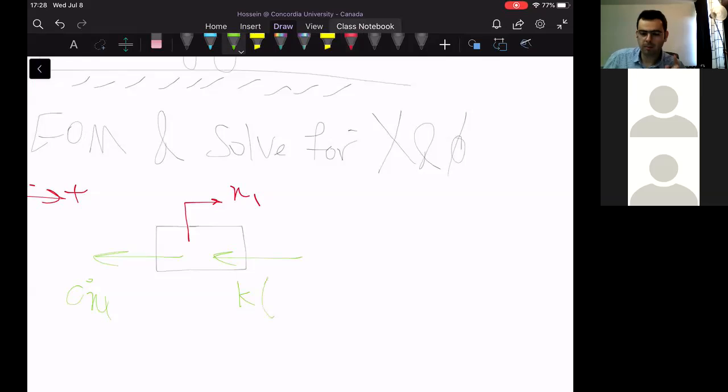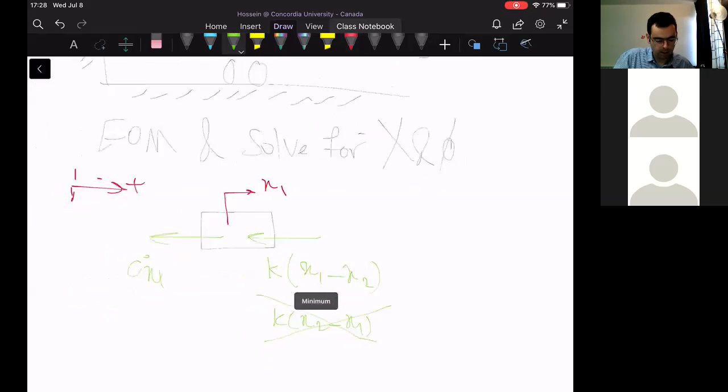You start from the mass we are working on: x1 minus x2, not x2 minus x1, because we are deriving the equation of motion for x1.